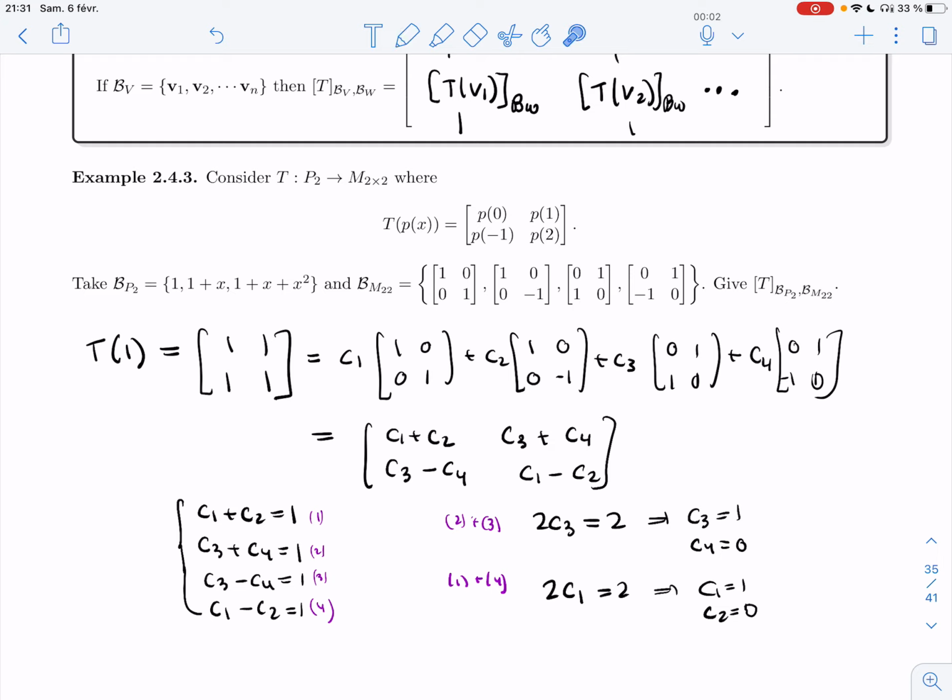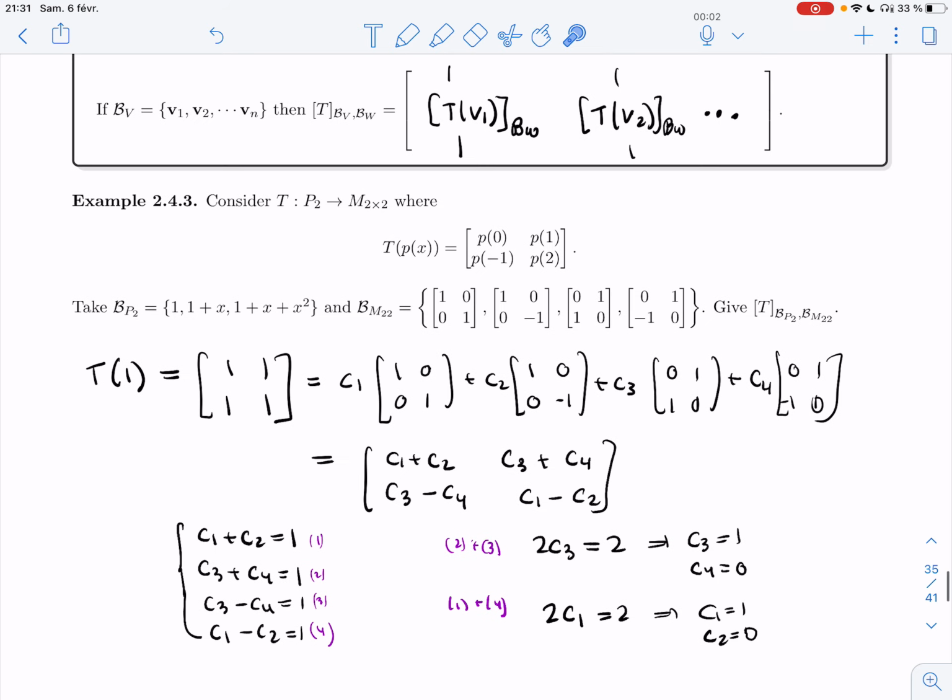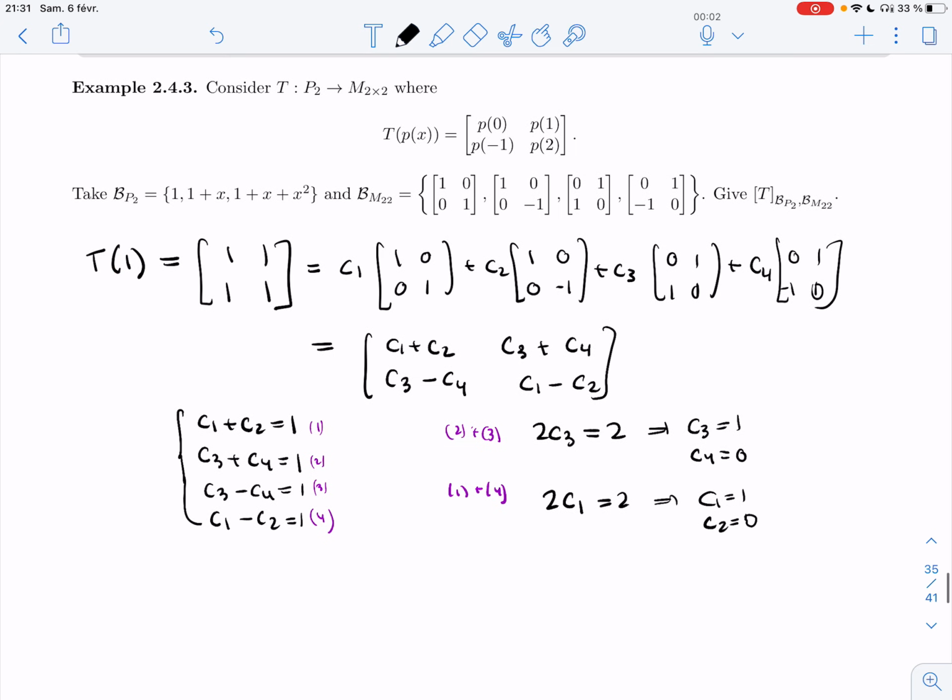All right, so the C's that you find, those are going to make up the column. So here, this is the first element, that's going to be the first column. So what we have is that T(1) in the basis of M22 is 1, 0, 1, 0.